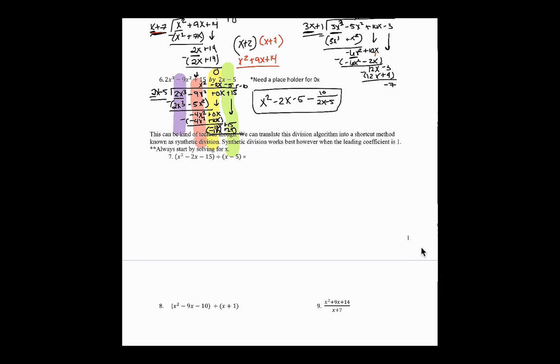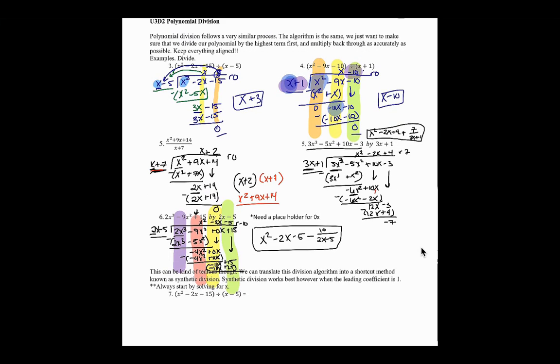All right, so the second type of polynomial division that we can do is something called synthetic division. Because polynomial long division can be very tedious and it's just kind of a long process, they've developed a shortcut method. When we think about division, we're really just doing an algorithm.